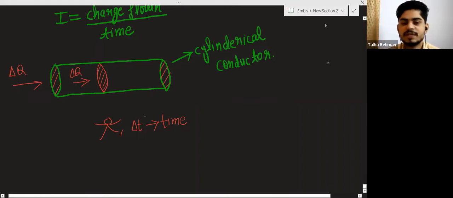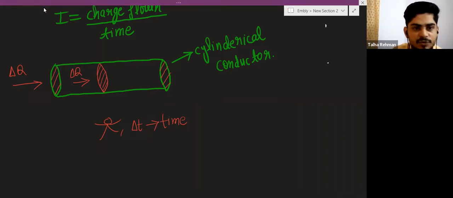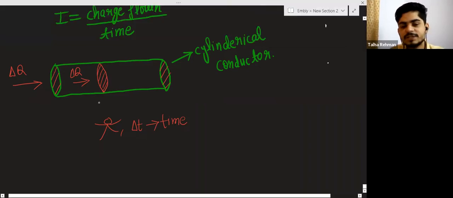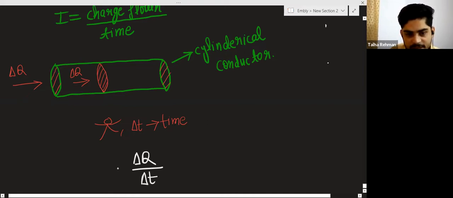You have noticed that delta q charge is flowing through this cross section in delta t time, and this is known as average current.